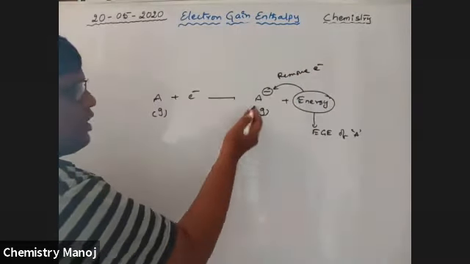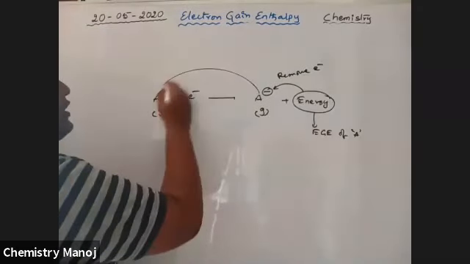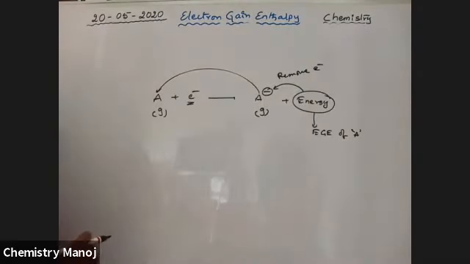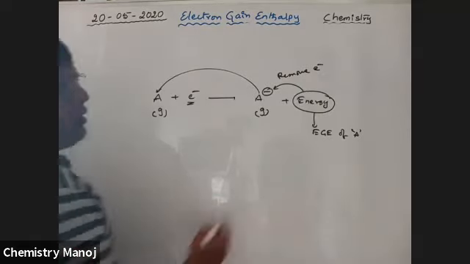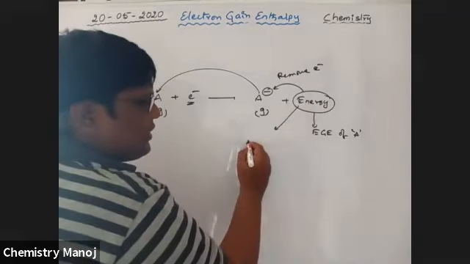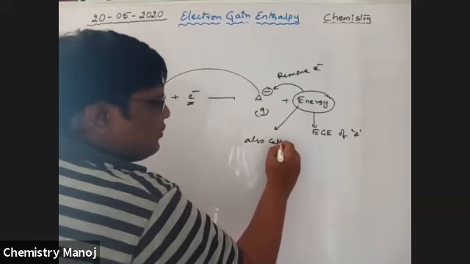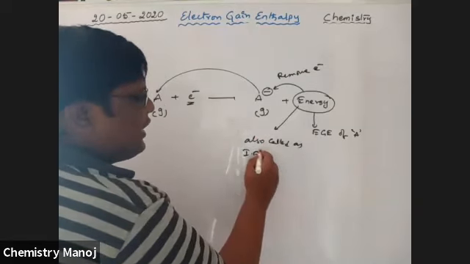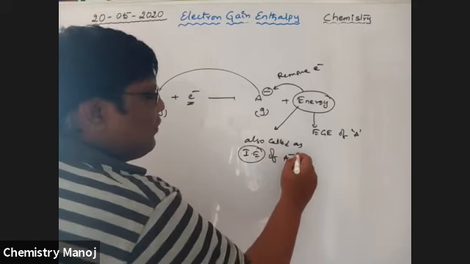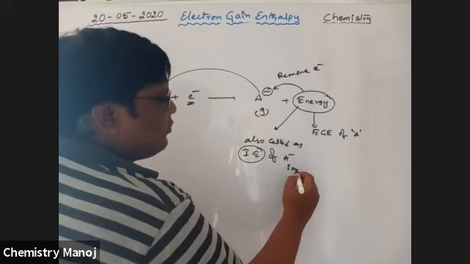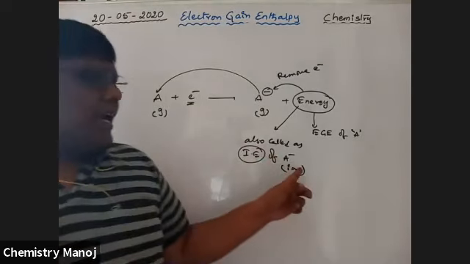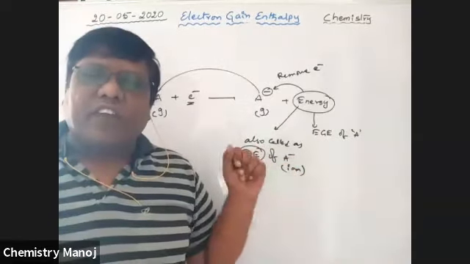After removing that electron from A minus, the A minus is converted into A. By the loss of the electron, this energy is also called the ionization energy of A minus ion.